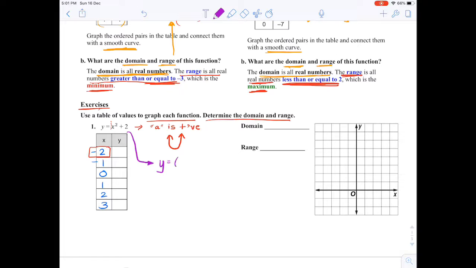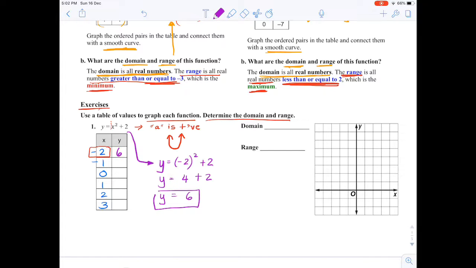You have to put the -2 into a bracket and square it to tell your TI that you want the entire value to be squared. And then we're going to add 2. So what's going to come out here is positive 4 plus 2, and then we get the answer y equals 6. So that y value corresponds with that -2.